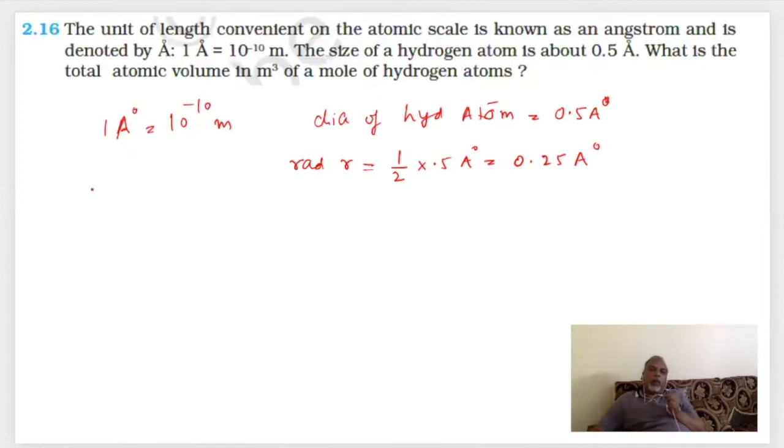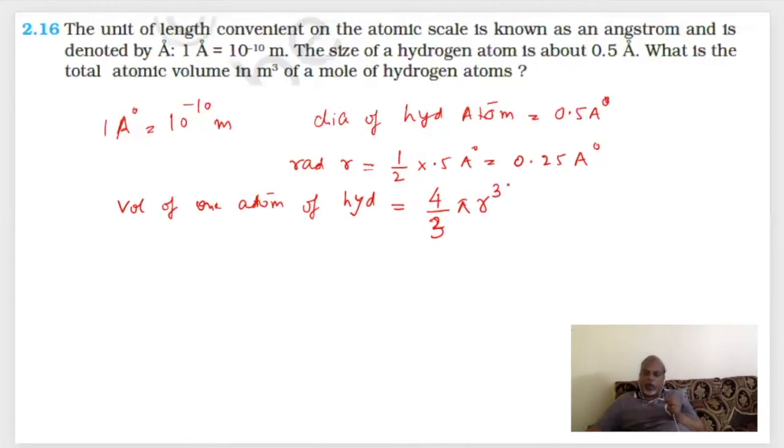No problem. Now, naturally, the volume of one atom of hydrogen will be nothing but 4 by 3 pi r cube.